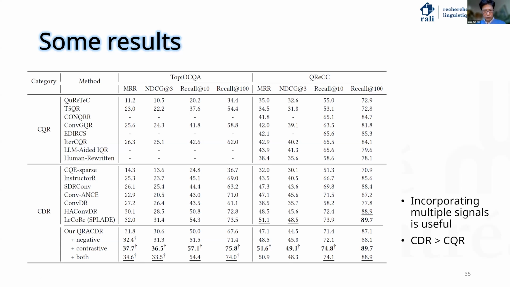What is interesting to observe here is those two cases. The first block corresponds to query rewriting or reformulation, and the second block corresponds to training a query representation model, a query encoder. And what we can observe is that globally, we have a better performance using CDR than using CQR.